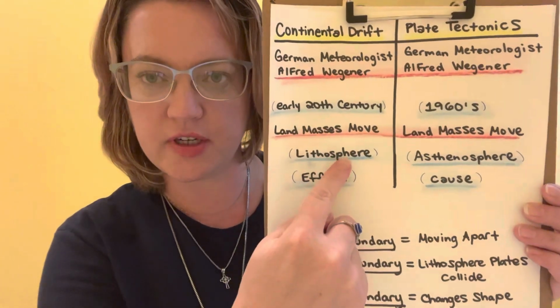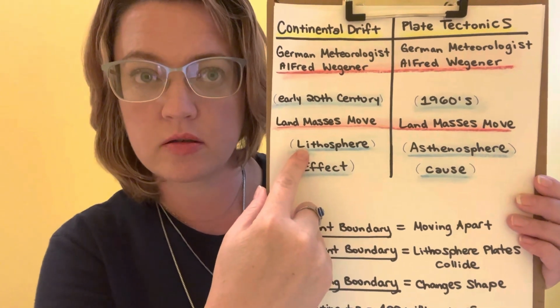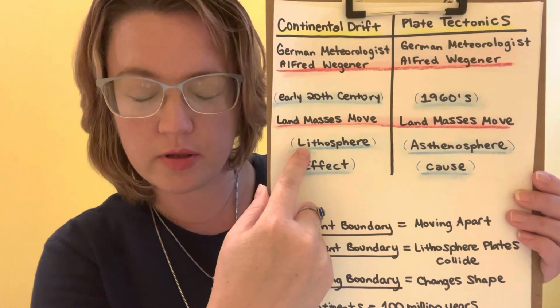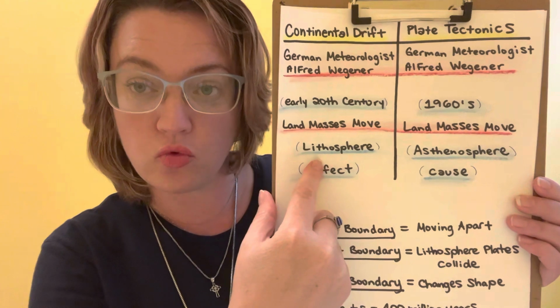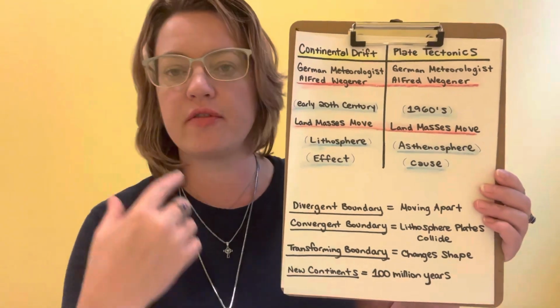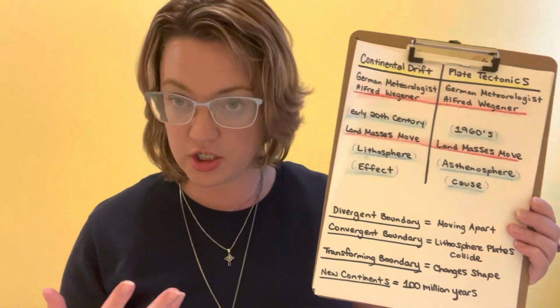The lithosphere is the continental crust of the Earth, because the Greek word litho means rock, and that is composed of rock. And of course, we have the hydrosphere, which is the water part of the geosphere.